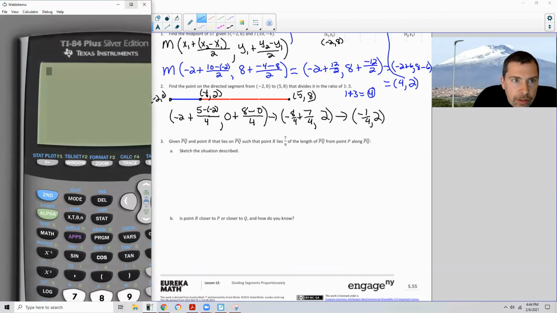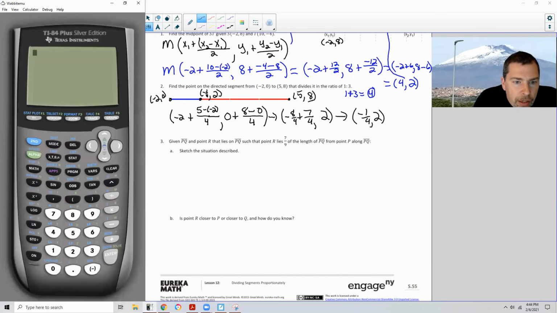Let's do this with a calculator so we don't lose track of it. So let me start with negative 2 plus, and we're adding 7/4, 7 divided by 4, which is 1 3/4. And that will give us negative 1/4. And if I add 7/4 to it again, that would bring us to 1.5, which is right here, 1.5 comma 4.